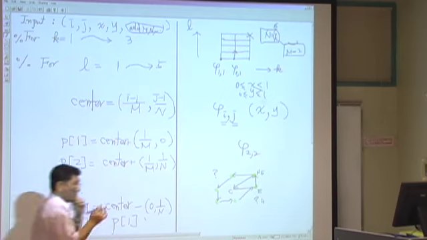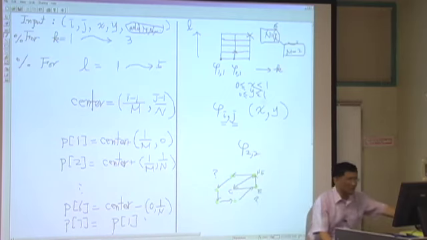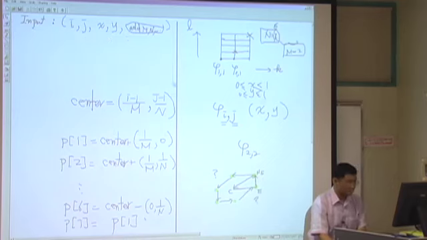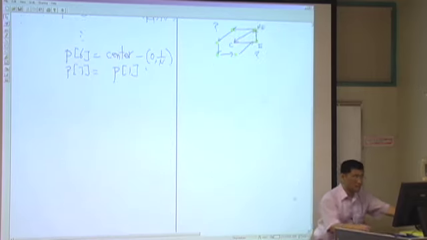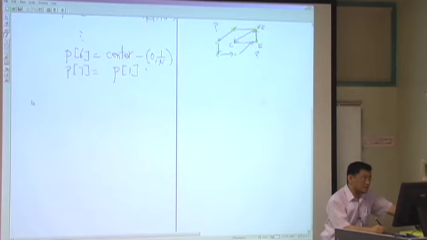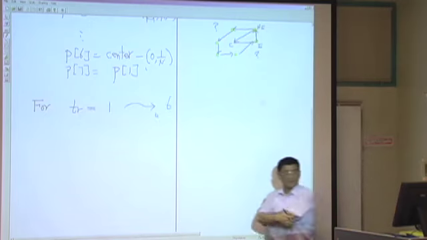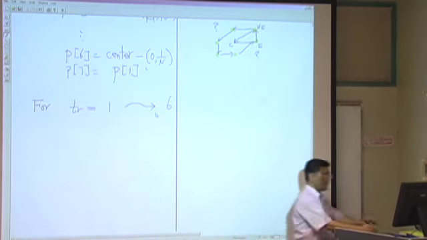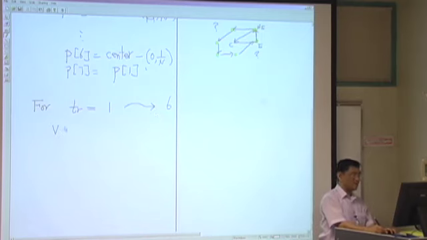Then now the loop part comes in. There are 6 triangles we need to consider, right? So for triangles running from the first one through the sixth one, vertex 1 is the center.